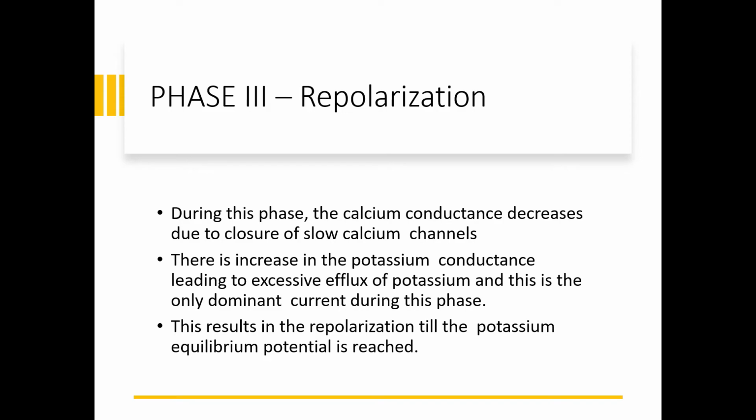So there is increase in the potassium conductance, because during the repolarization in all types of action potential, in the skeletal muscle, in the smooth muscles, in the cardiac muscle, in the nerve membrane, all types of excitable tissues, during repolarization phase there is increase in the potassium conductance that will lead to excessive efflux of potassium, that is movement of potassium from inside to outside, and this is the only dominant current during this phase.